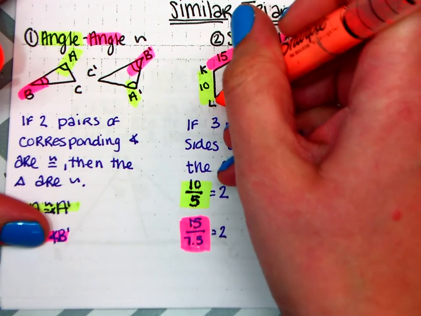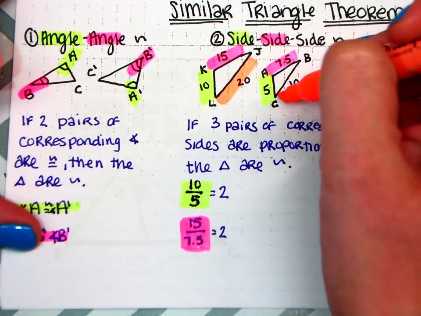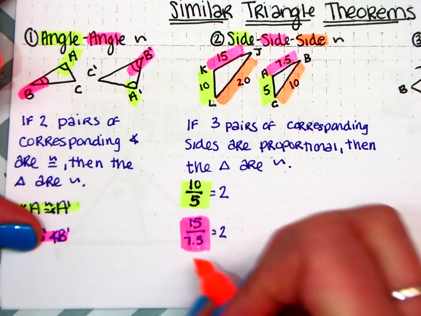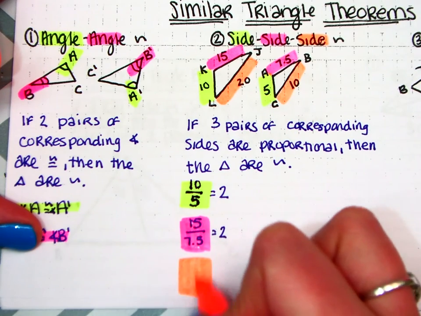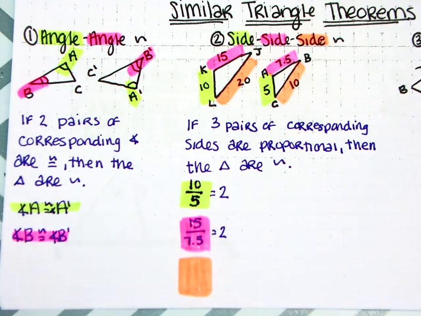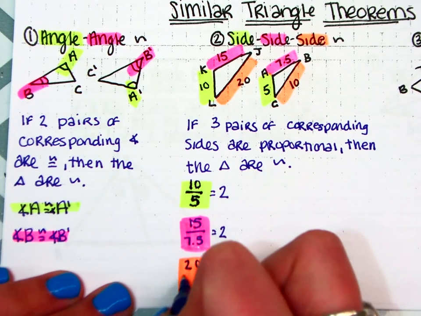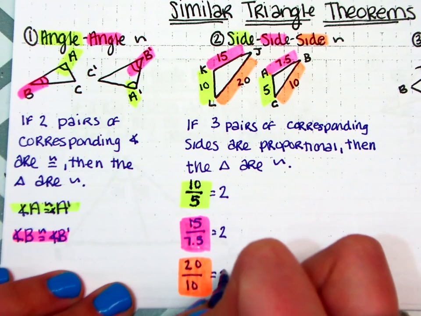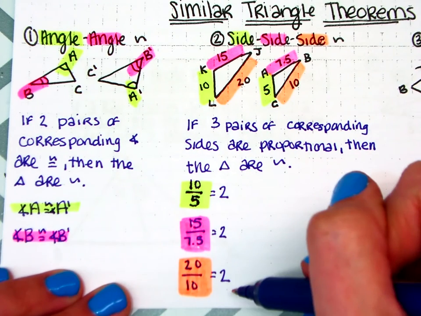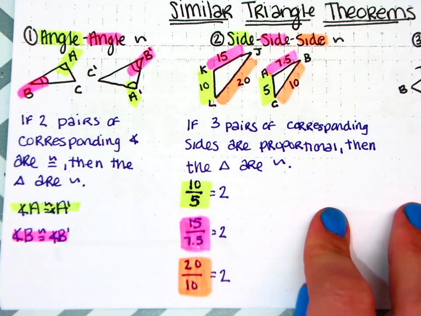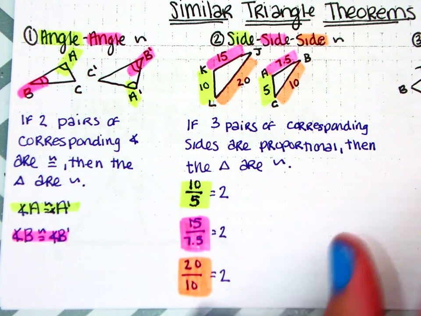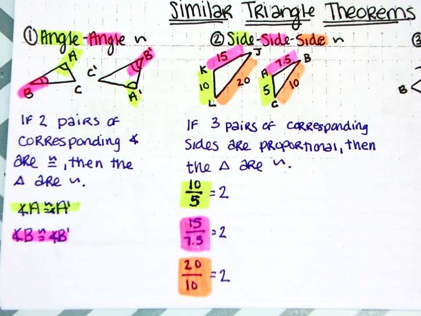So 20 is the largest on the first triangle, and 10 is the largest on the second. So I'm going to do 20 divided by 10, because I'm keeping triangle number 1, the first one, on top. And notice how they all reduce to 2. That lets you know that the triangles are similar. If one of them had reduced to a different number other than 2, they would not be similar, and they wouldn't be similar by side, side, side.